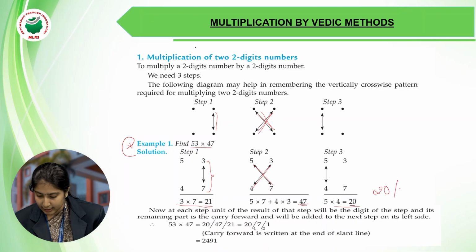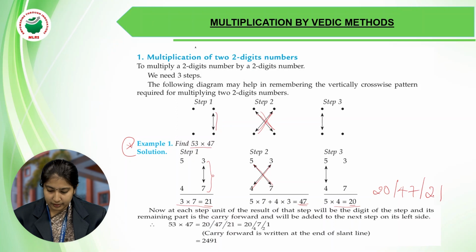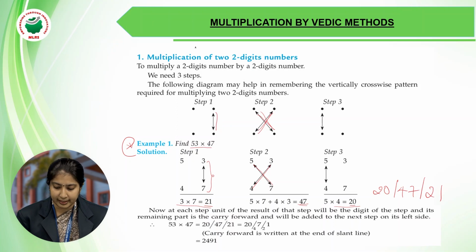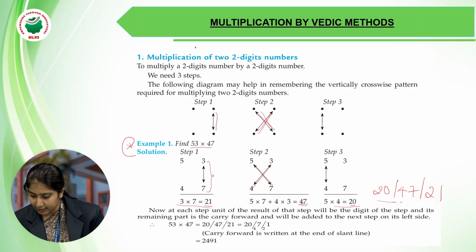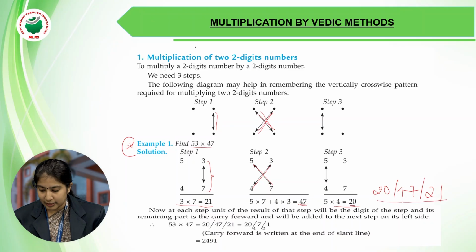This order is very important to get your answer. You go with the reverse order, that is, first you write the left multiplication, then the crisscross, and then the right multiplication. So 20 slash 47 slash 21. In this we have a 2-digit number for each slash. So whatever the unit digit is there, let it remain, and the other digit will be added to the next number.